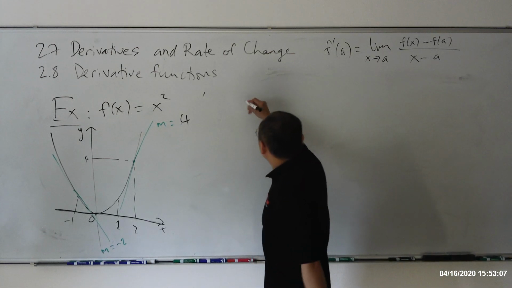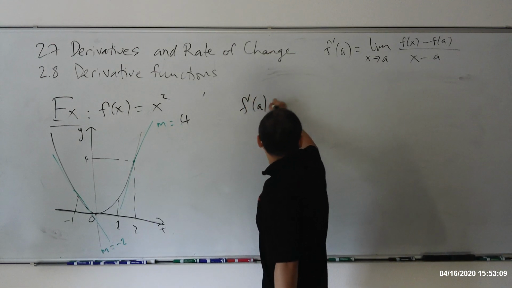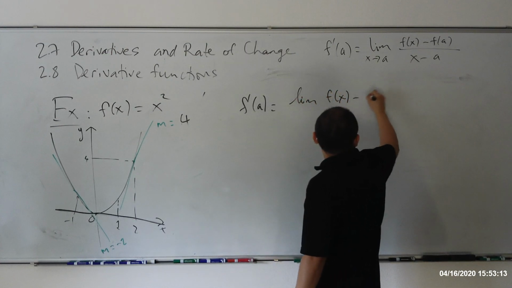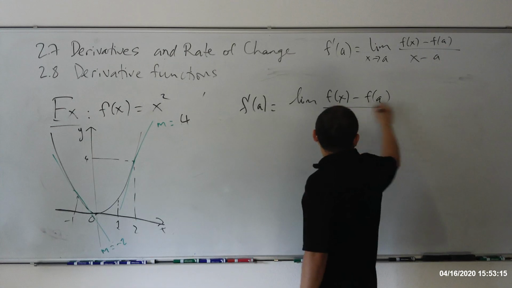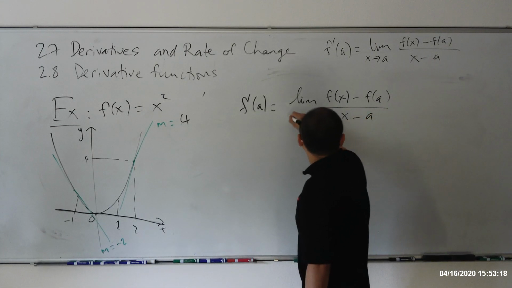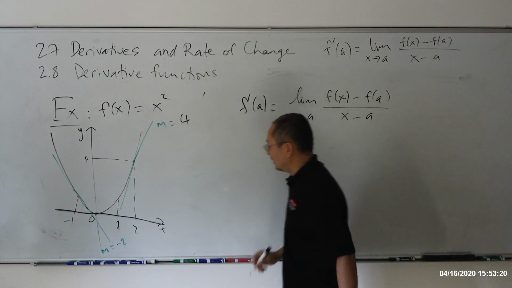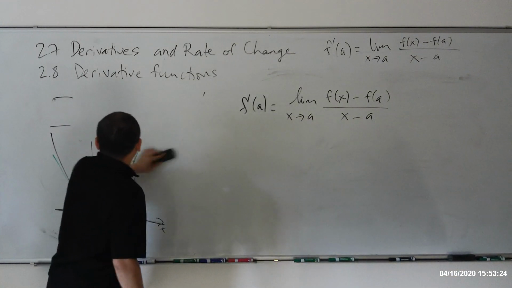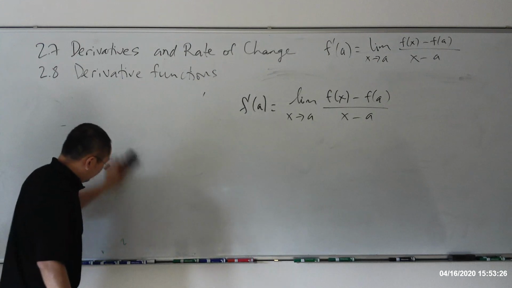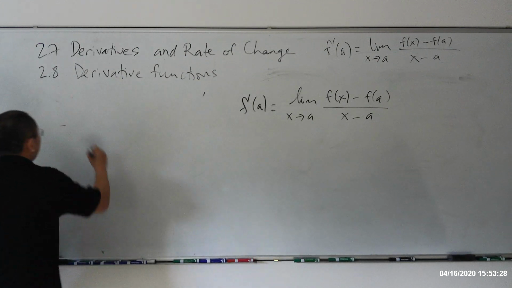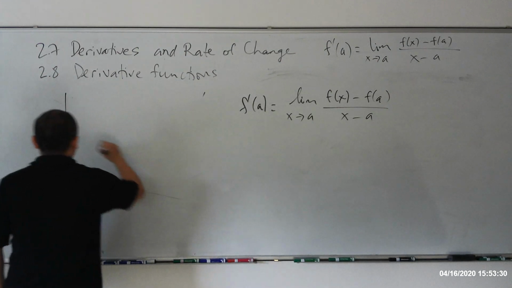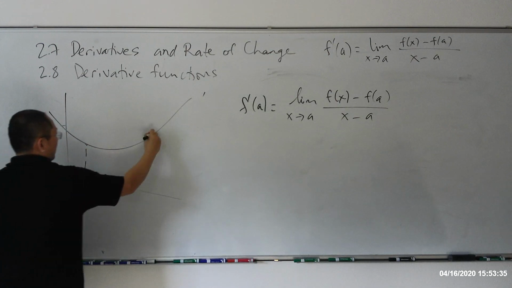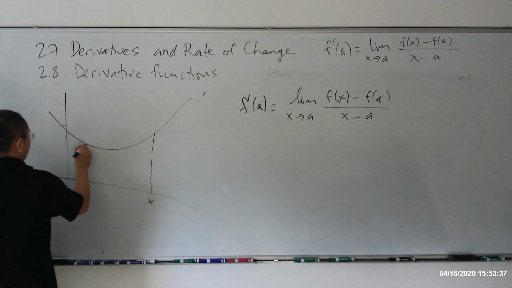So we have the slope at the point right here, f prime of a is equal to the limit of f of x minus f of a over x minus a, right, when x approaches a. Let me redraw the picture, and I'll give you the general formula. You have this. This is my a right here, and this is x right here. This is f of a.